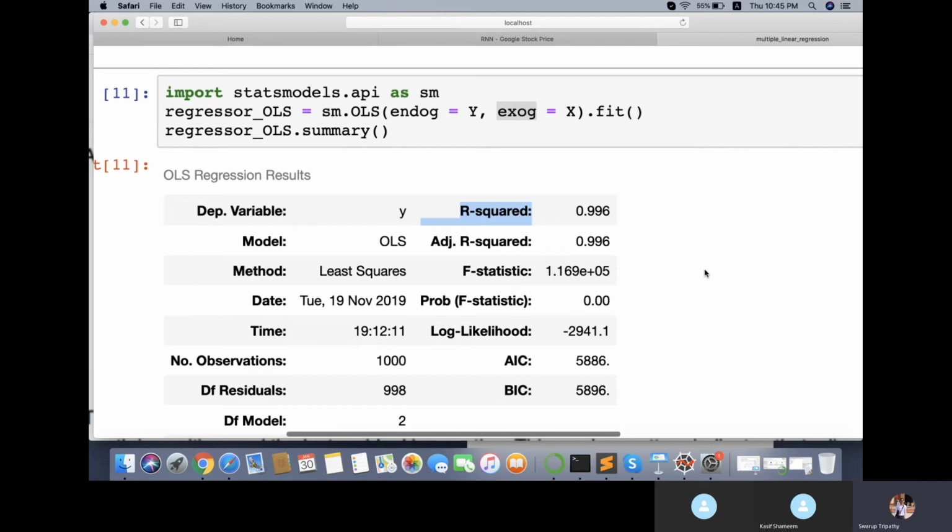Then it also tells you the adjusted r square. Adjusted r square is when you don't take your outliers and such, you remove them and then check what the r square is.